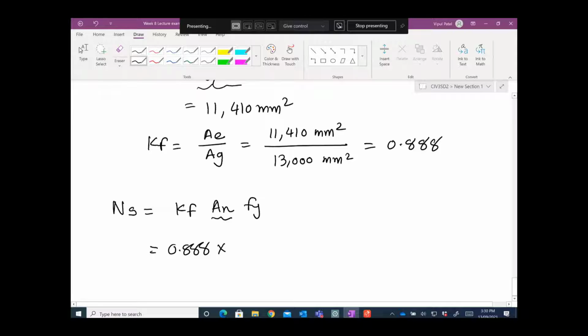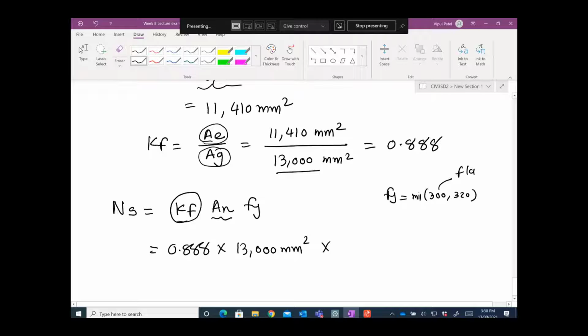Don't take the effective area, because we already take into account the effective area by KF. So you always take the gross area, which is your 13,000 millimeter square, and this would be your minimum value, because you have two values, 300 and 320, one for the flange and one for the web.